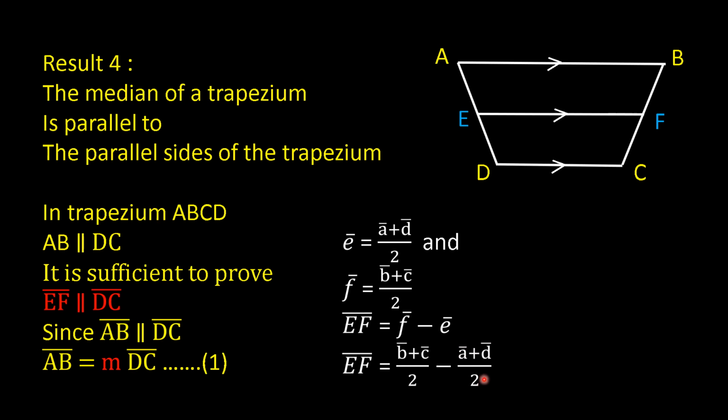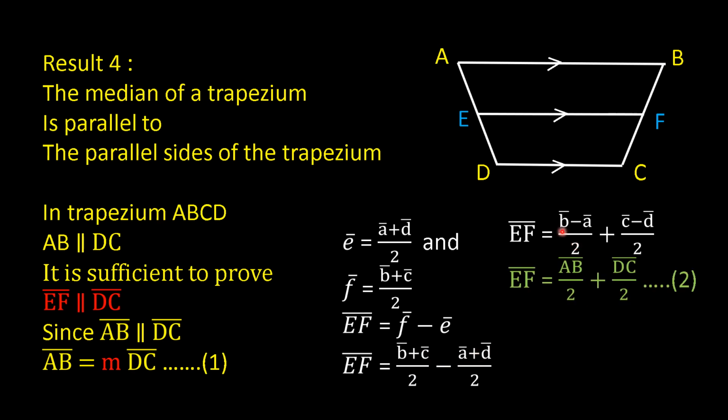By rearranging the terms, we will write EF bar equals (B bar minus A bar) by 2 plus (C bar minus D bar) by 2. But B bar minus A bar is AB bar and C bar minus D bar is DC bar. Therefore, EF bar will be AB bar by 2 plus DC bar by 2. We name this equation 2.